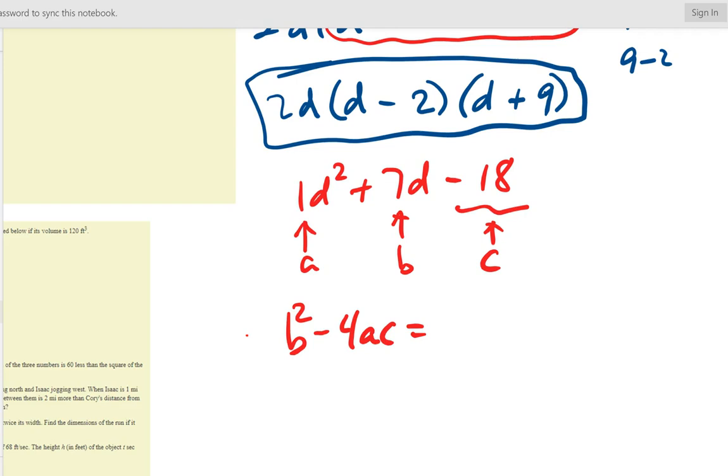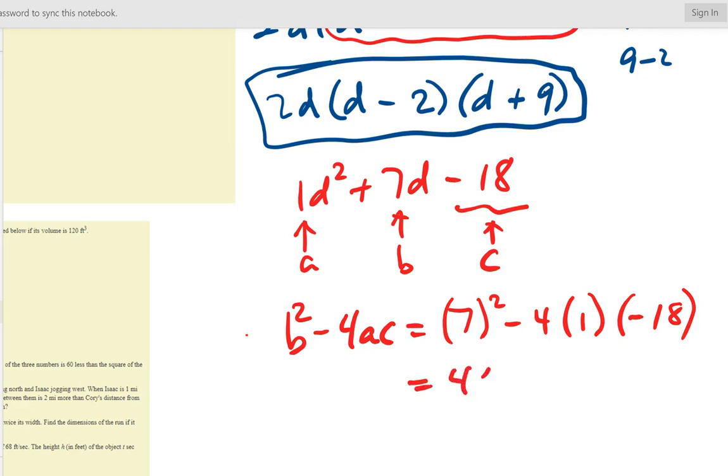B squared will be 7 squared minus 4 times a times c. You get 49 minus, actually plus, because a minus times a minus is a plus, 4 times 18, which is 72. So we get 49 plus 72.